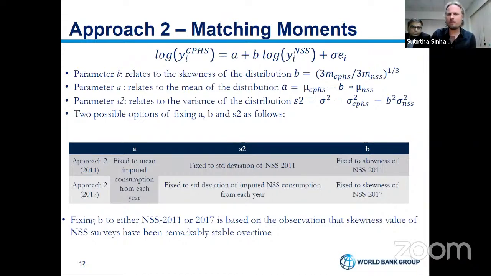I think this covers the methodology as far as approach 1 and approach 2 are concerned. So maybe this is another good moment to take stock of some questions you may have. Not sure I understand why the variance was calculated from the NSS. Can you define third moment of consumption?